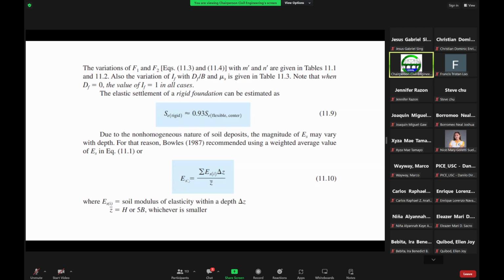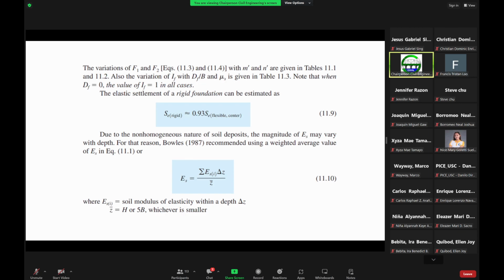The average elastic modulus is equal to the sum of the elastic modulus for a particular layer multiplied by the depth of that layer, over Z bar, where E sub Si is the soil modulus of elasticity within a depth of delta Z for a particular soil layer.